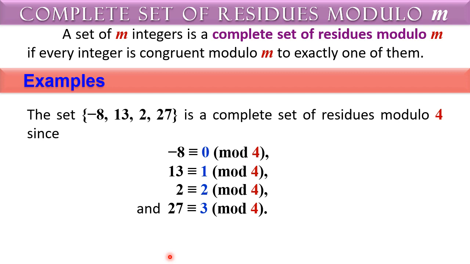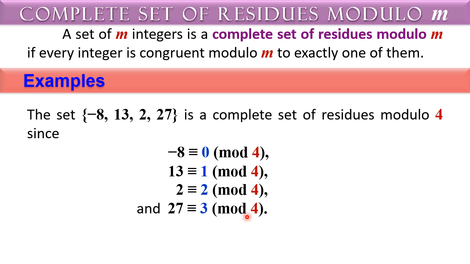As you can see, the residues that we have here are 0, 1, 2, and 3, which satisfies the condition that r should be greater than or equal to 0, but less than our m. Observe as well that the residues in our examples seem to be integers.